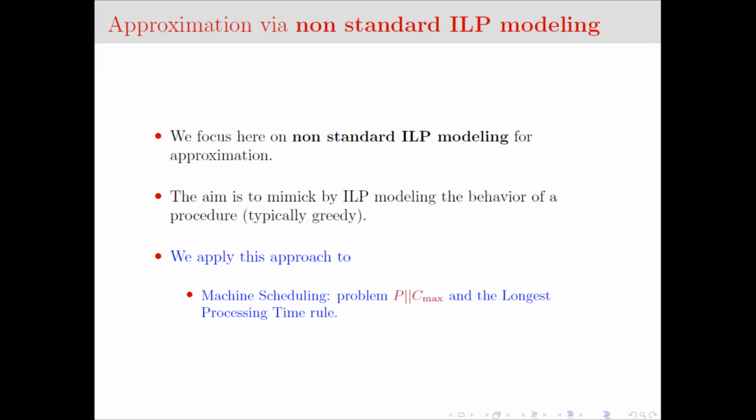And that's why, in this case, it worked well to talk about the P||Cmax problem, the problem of minimizing the makespan, the Cmax, on a set of identical parallel machines, because there exists the longest processing time rule, which is well known, well used in practice, and that provides a given approximation ratio.